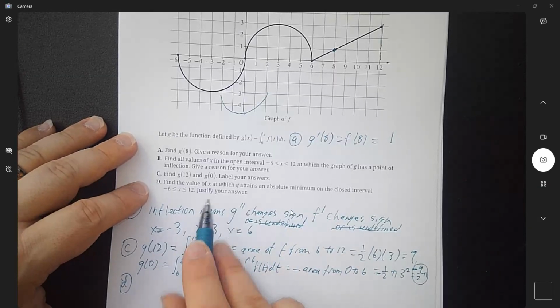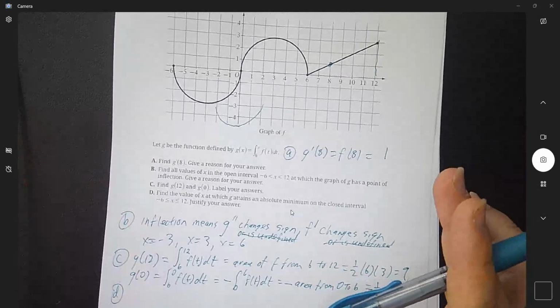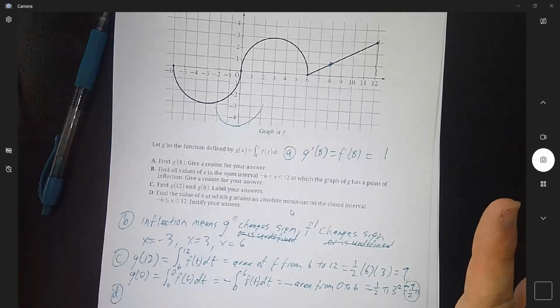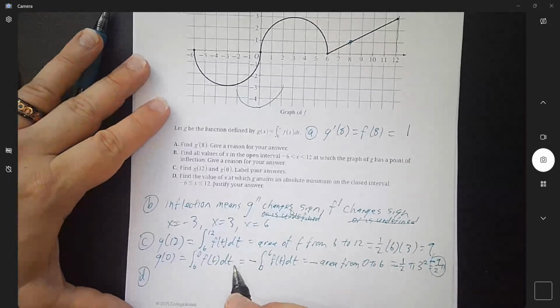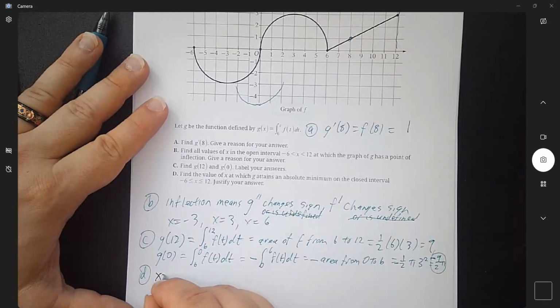And then D, find the value of x at which g attains an absolute maximum on the closed interval. Okay, so here's what I'm going to tell you, folks: I can just intuitively know that the answer is at x equals 12.